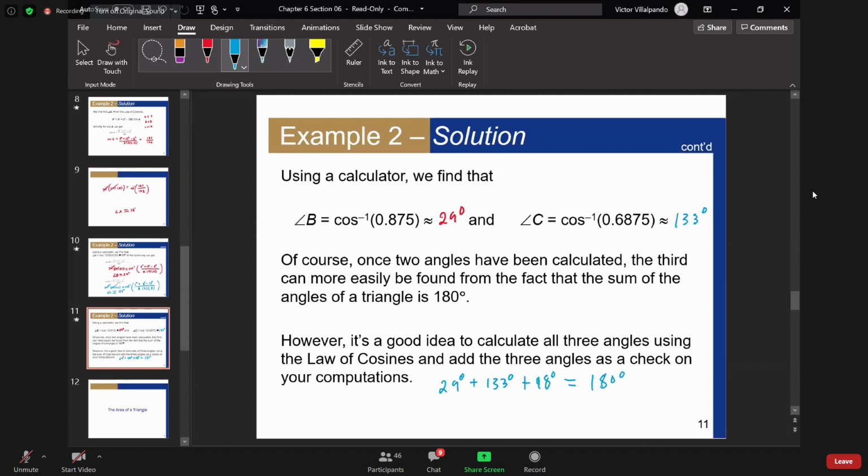So again, they make our lives miserable. They're like, no, don't do it the easy way. Use the law of cosines. So this one's not too bad. Here we just show this particular case. So the other case would be just as easy as well. So does this seem easier than law of sines?